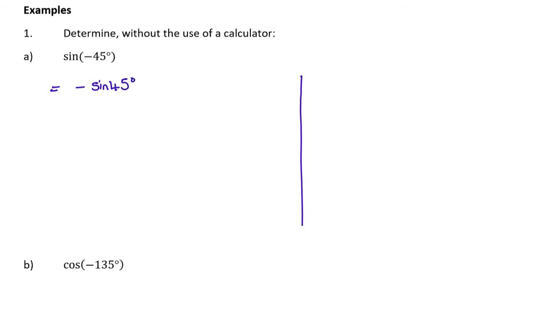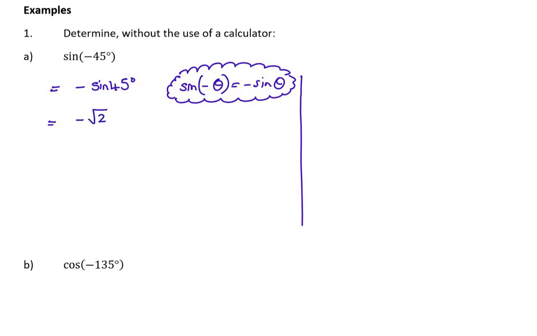There I'm using the concept that sine of a negative angle is the same as negative sine angle. So that's just what we noticed from the previous page. So if I remember that trick, I can go straight to the answer of negative sine 45. Now sine 45 we should know is root 2 over 2, but we could use our calculator.